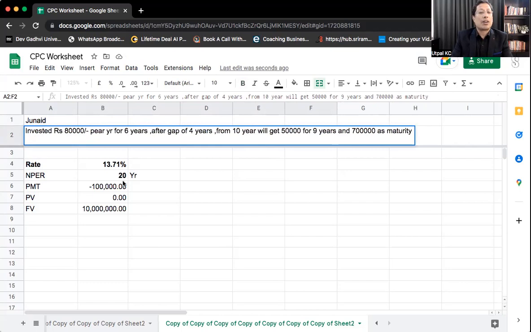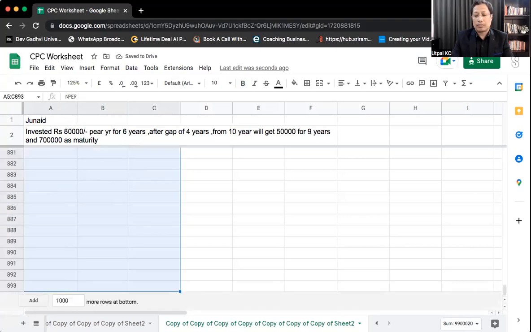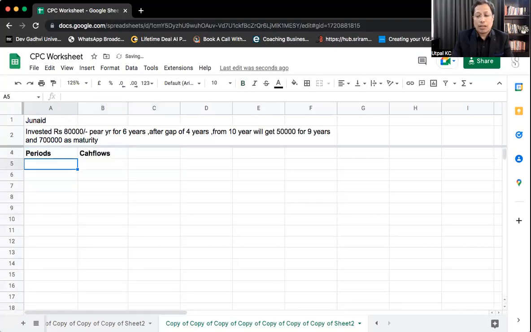Okay, so now it's very simple. Periods and cash flows. Zero, one. So for 6 years, 0, 1, and so on: minus 80,000, minus 80,000.